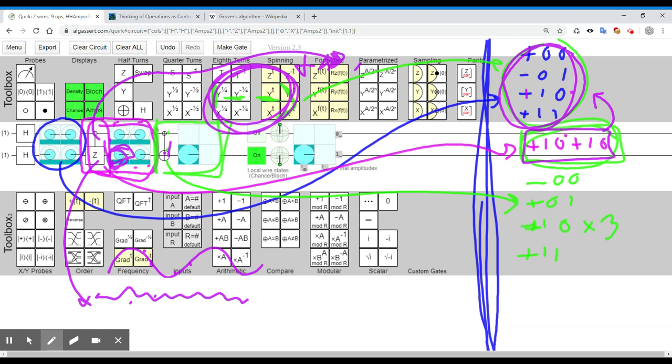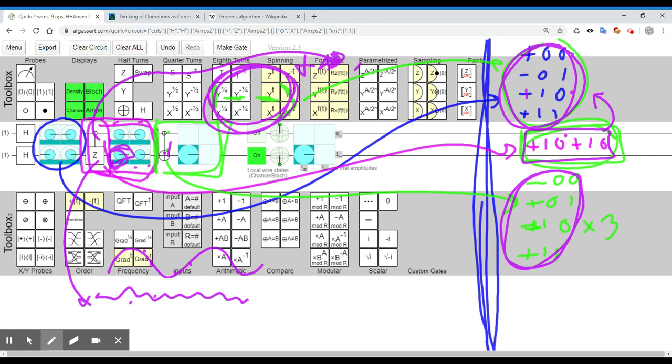And so that x-axis control basically negates that, or it phases that, which then flips the effect of the interference. Bam! That's it.